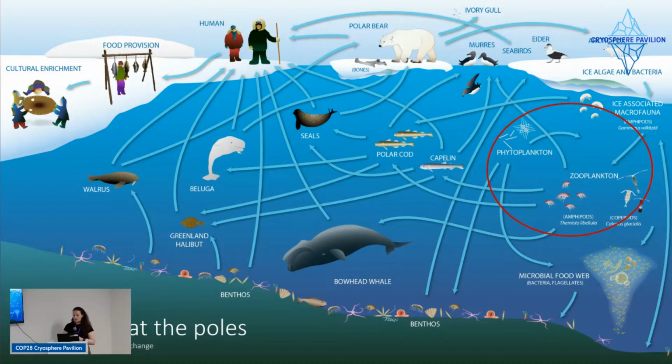So animals like whales, fish, seabirds, they can't generally eat the phytoplankton because it's so small. So it's on the scale of a couple of cells, so it's absolutely minute. But the zooplankton can, and then the zooplankton themselves are larger, which means that this link between the phytoplankton and the zooplankton is the link between getting photosynthetically derived food to the rest of the food web.